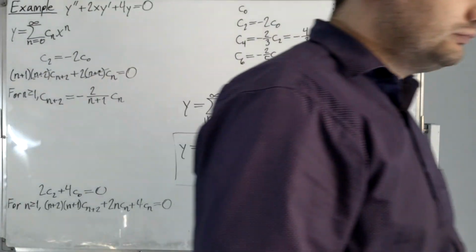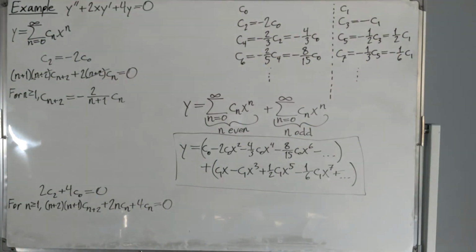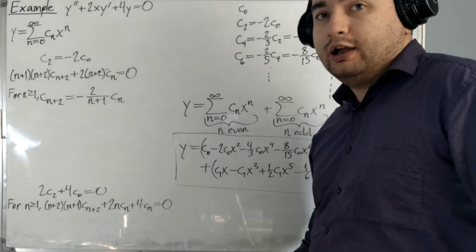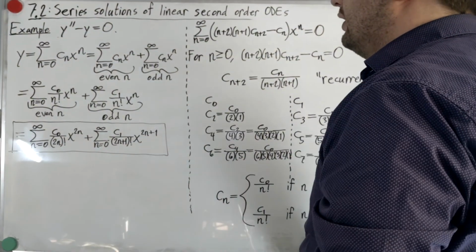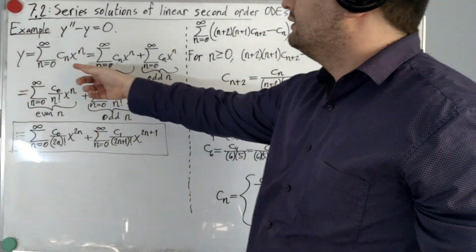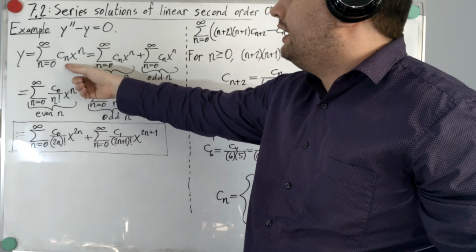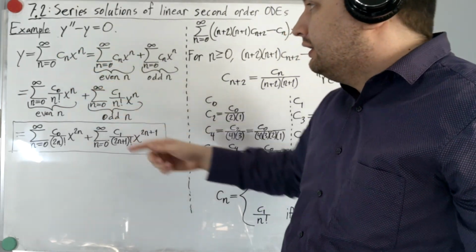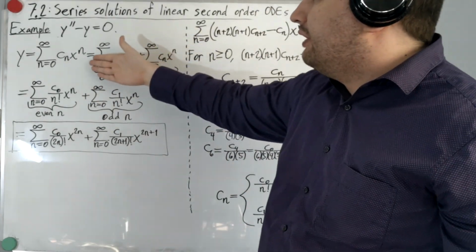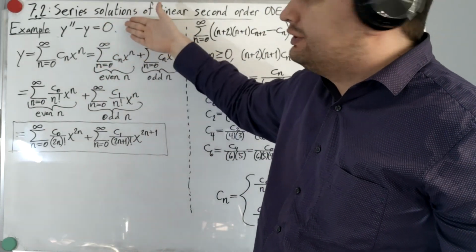Okay? So it may be complicated. It is complicated. But let's understand the anatomy of how these methods always work. You always take y to be the sum from n equals 0 to infinity of cn x to the n. Then from there you take a couple of derivatives and put that into the original ODE.